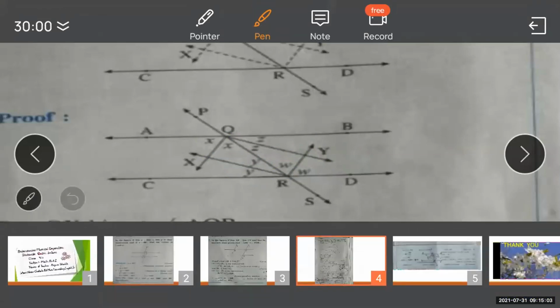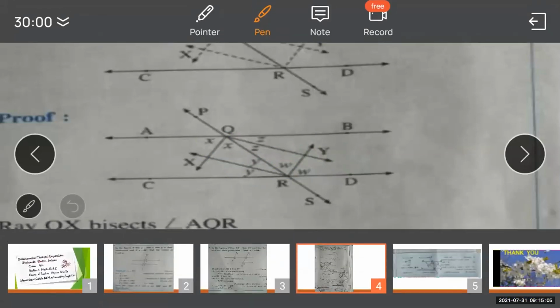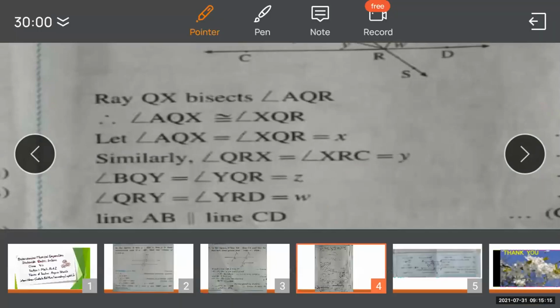Okay, and here below you can see all the angles that get bisected along with their measurement that is written over here. Okay, you can see here in the first case angle AQX equal to angle XQR that is equal to X degree.